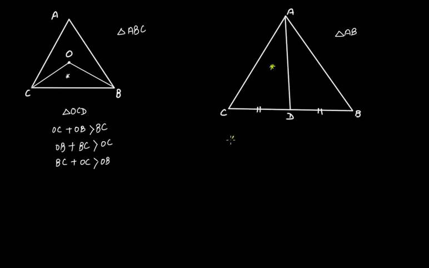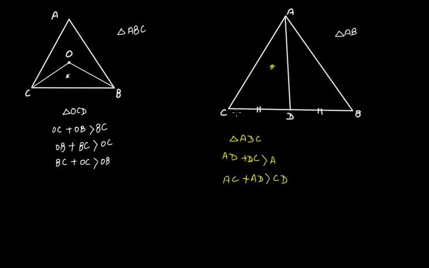So in this triangle ABC, if you add AD plus DC, this will be greater than AC. If you add AC and AD, it will be greater than CD.